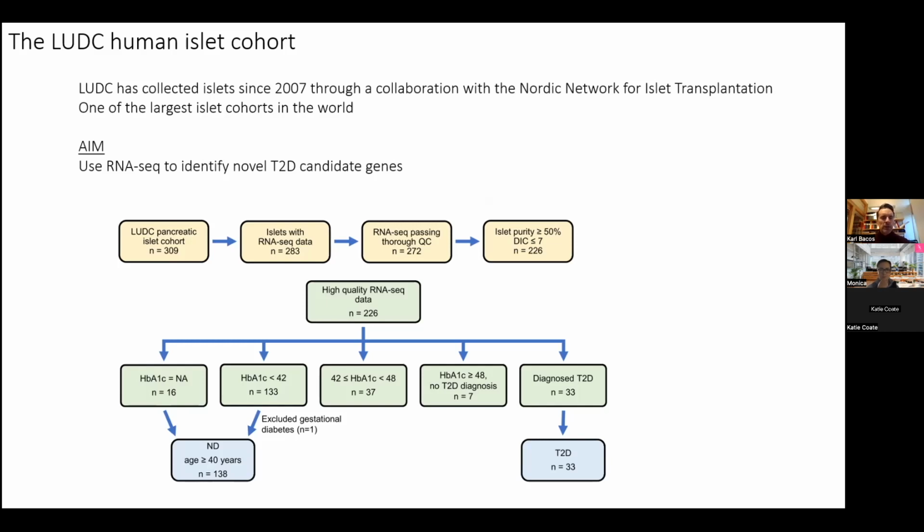And we excluded donors that had previous gestational diabetes and non-diabetics younger than 40 years of age, because none of the diabetics were that young. In the end, we compared 138 non-diabetics and 33 people with diagnosed type 2 diabetes. And we call this the LUDC islet case control cohort in the next few slides.